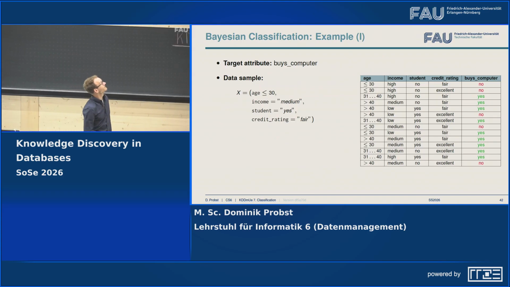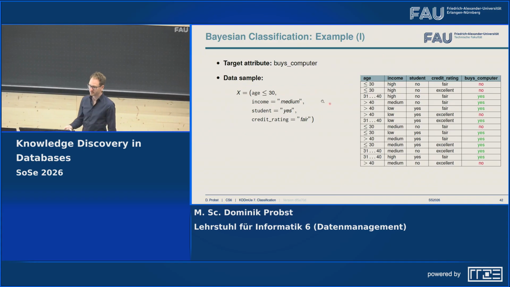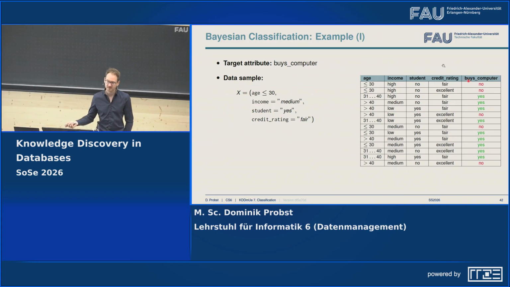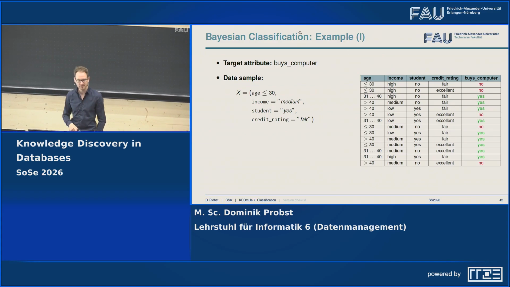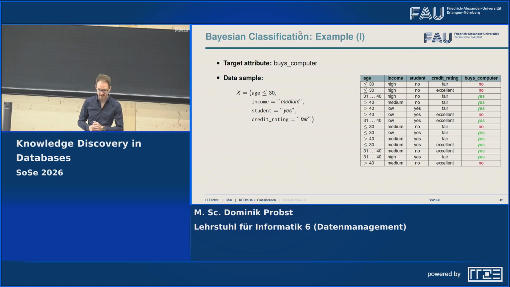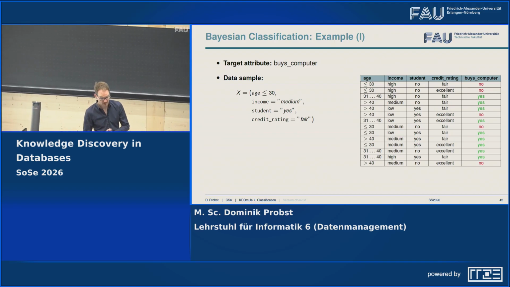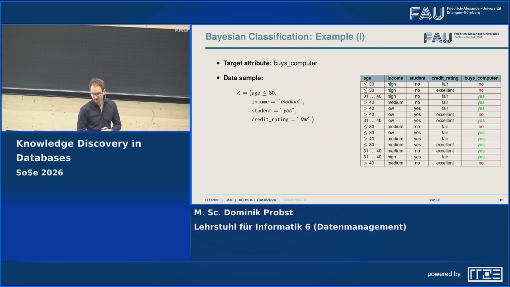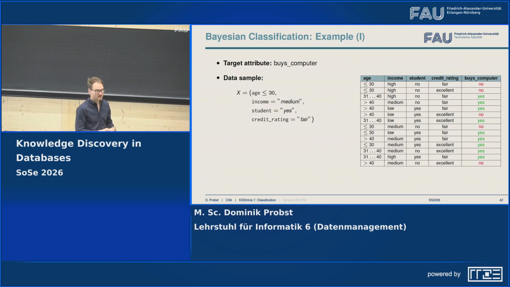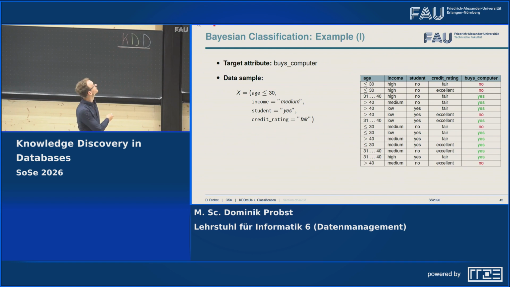Okay, let's go to an example. We again have this big table in here, and that's the same example we had previously with decision tree induction and with rule-based classification. And this time we want to calculate the class of an unknown tuple.